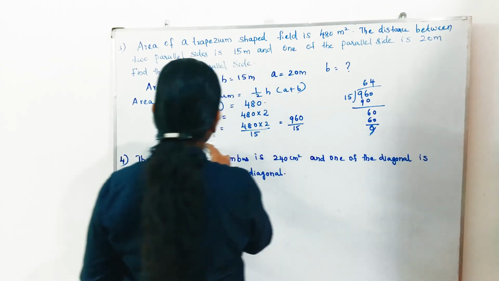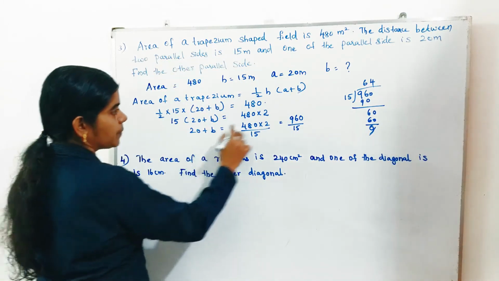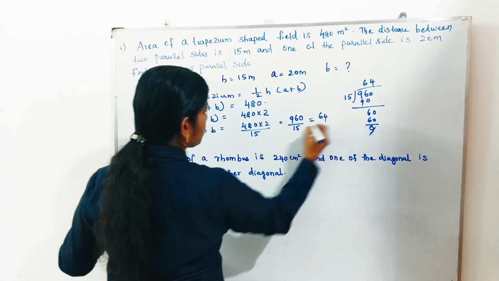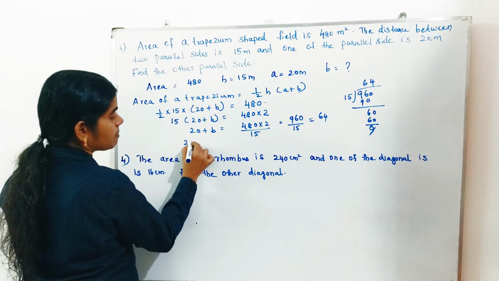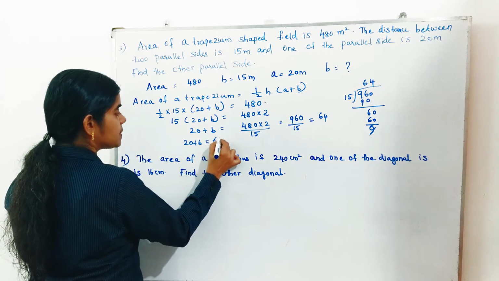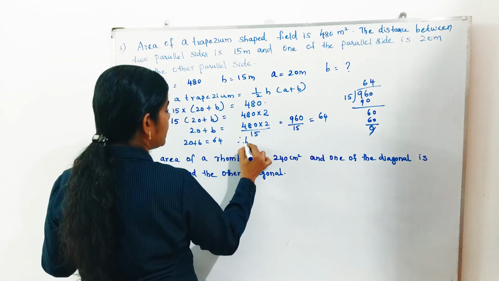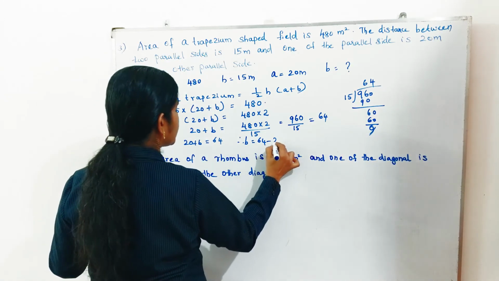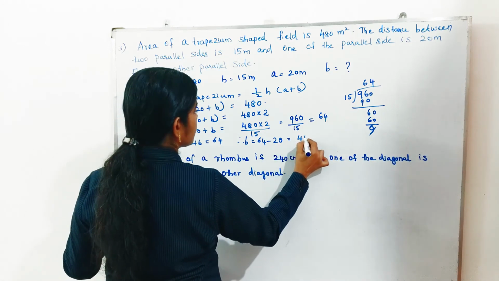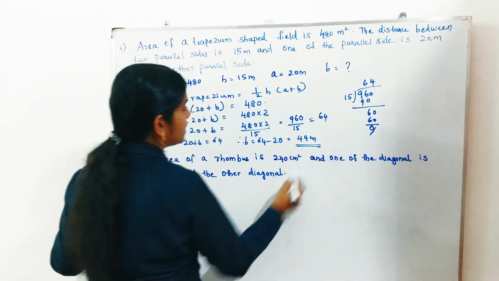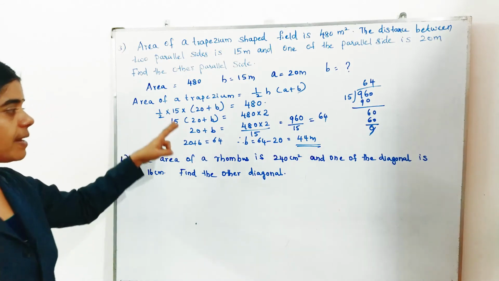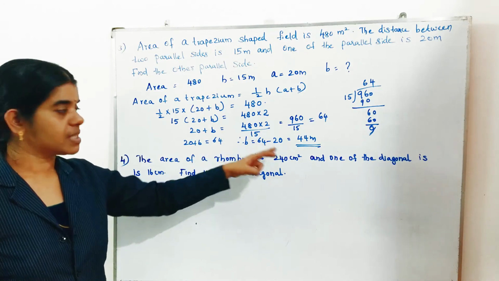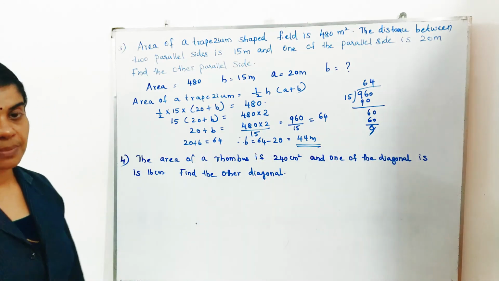You got this: 20 plus B is equal to 64. So B is equal to 64 minus 20, that is equal to 44 meters, which will be the length of the other parallel side. So B is equal to 44 meters.